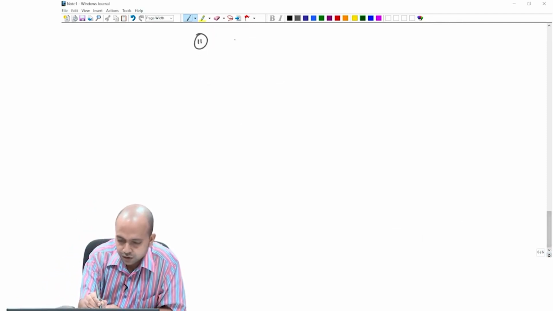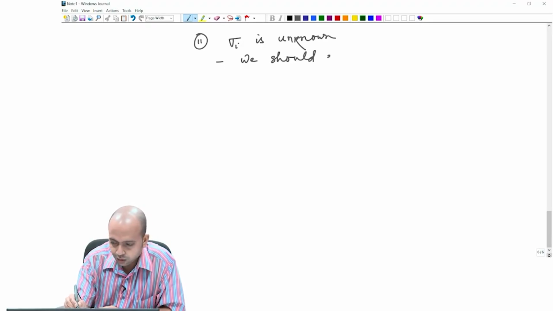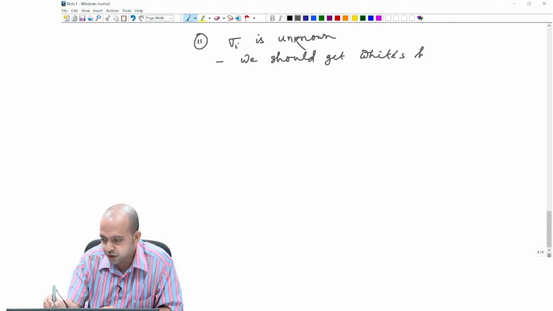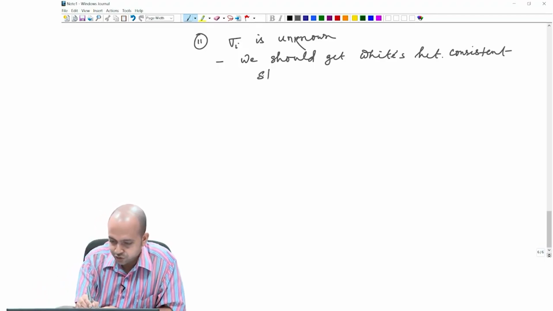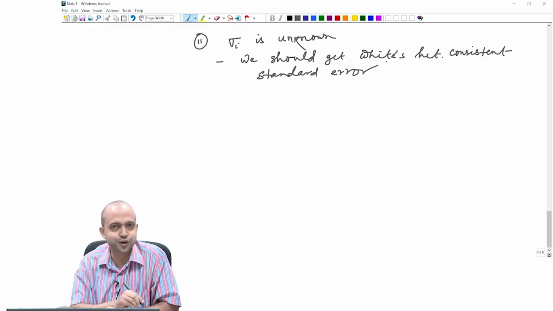When sigma i is unknown, we should get White's heteroscedasticity consistent standard error actually, because ultimately your standard error will get affected in presence of heteroscedasticity.